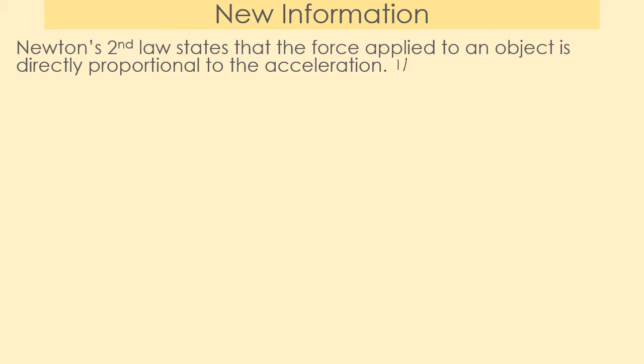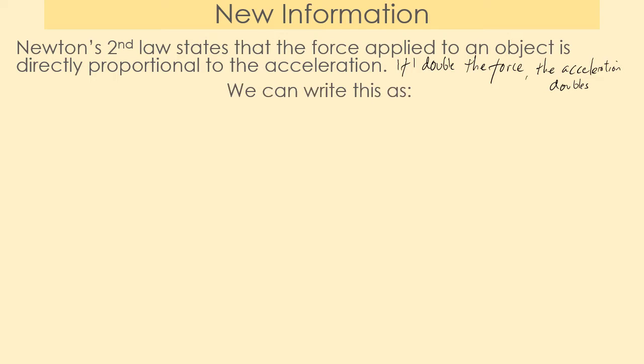So if I double the force, the acceleration doubles. So it's directly proportional. So if I triple the force, the acceleration triples. If I halve the force, the acceleration halves. And we can write this as F ∝ a.